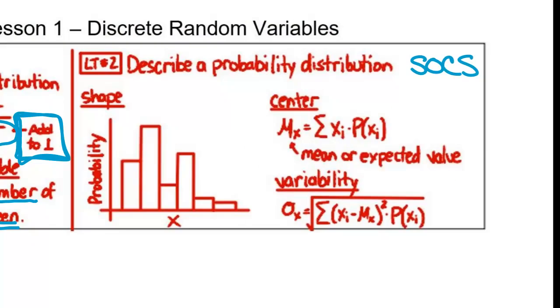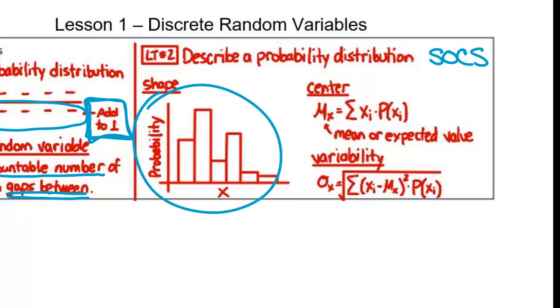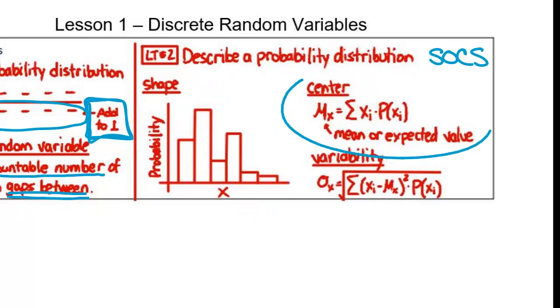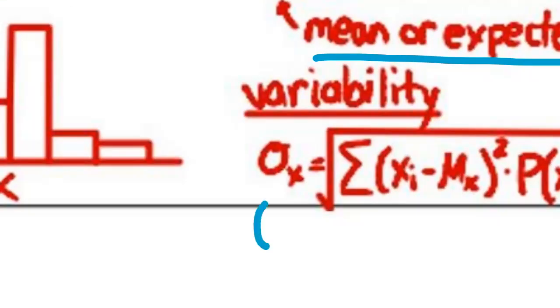What does SOX stand for? Shape, outliers, center, spread. We want to describe the shape of our probability distribution. We practice doing that. The center is my mean or my expected value, and the variability is the standard deviation.